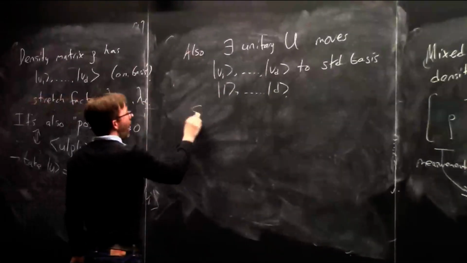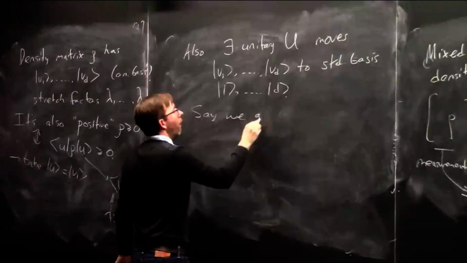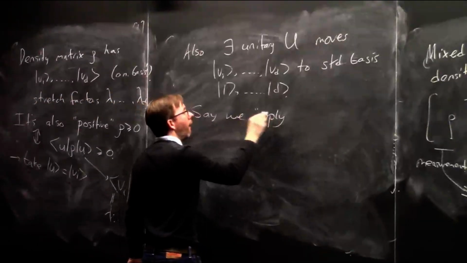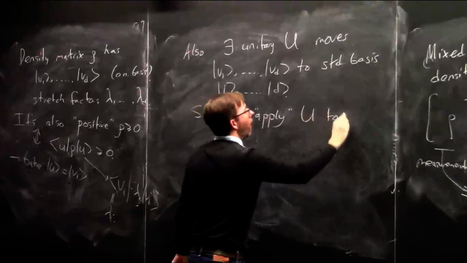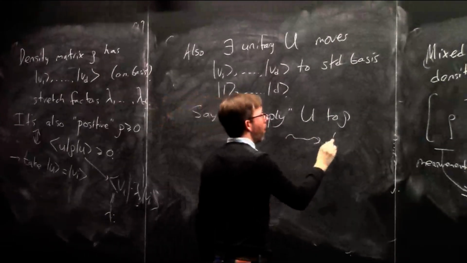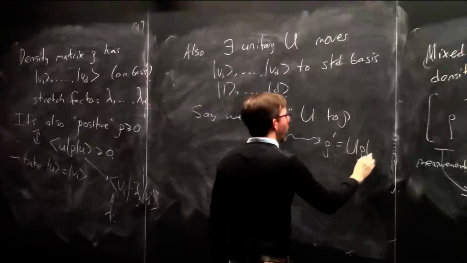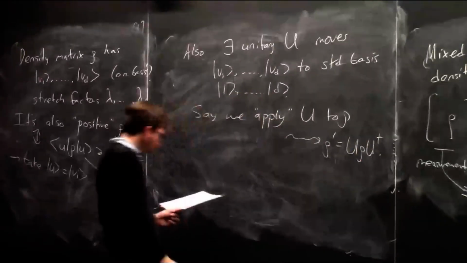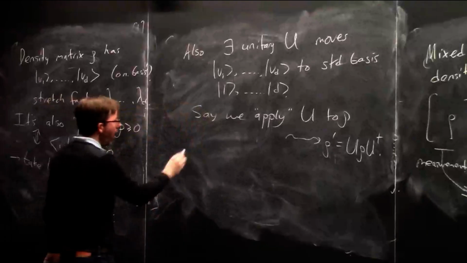And so say we apply that to rho. Well, that transforms it into rho prime, which is u rho u dagger.